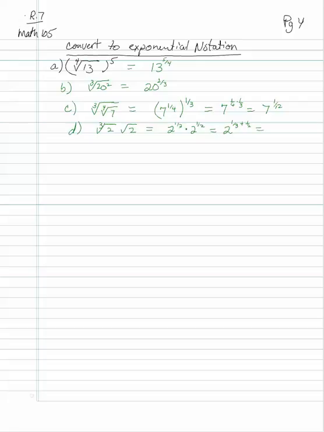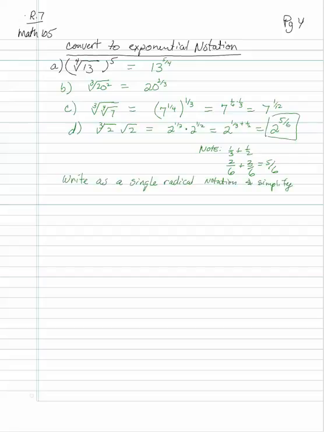So you got to get common denominators. So that'd be 2/6 plus 3/6, which equals 5/6. So this is 2 to the 5/6. Okay?